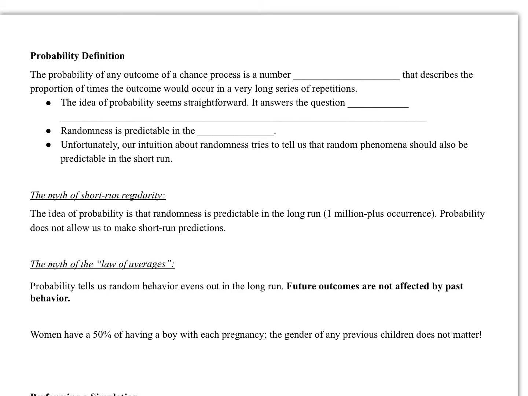So going back to the definition of probability. The probability of any outcome of a chance process is a number between 0 and 1 that describes the proportion of times the outcome will occur in a very long series of repetitions. So a probability of 0 would mean that it would never happen.